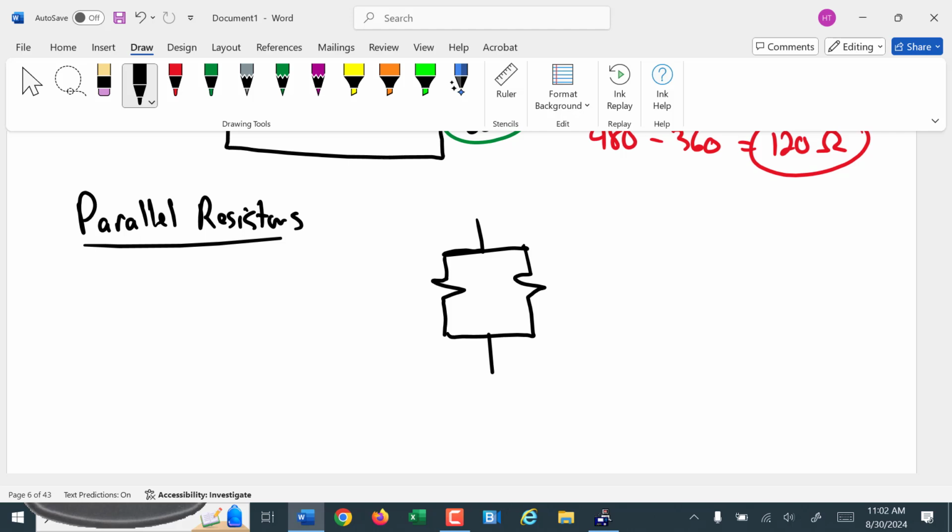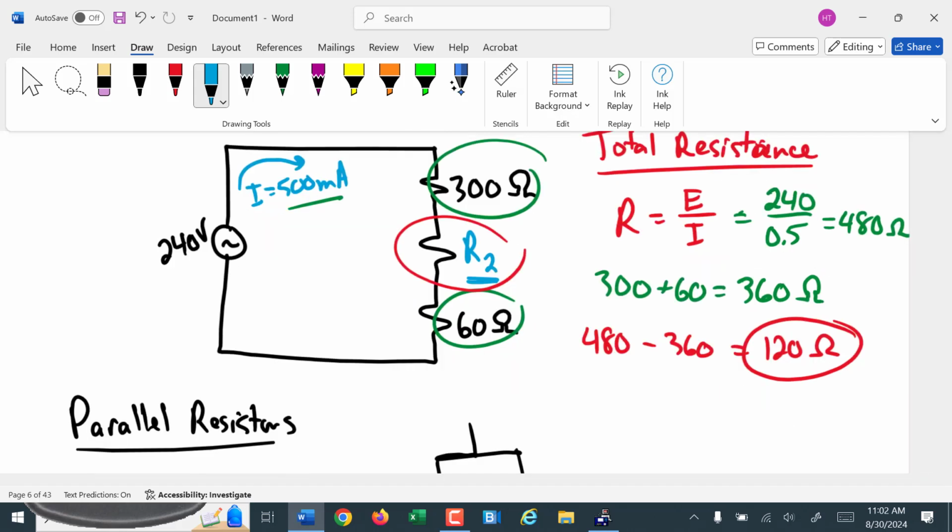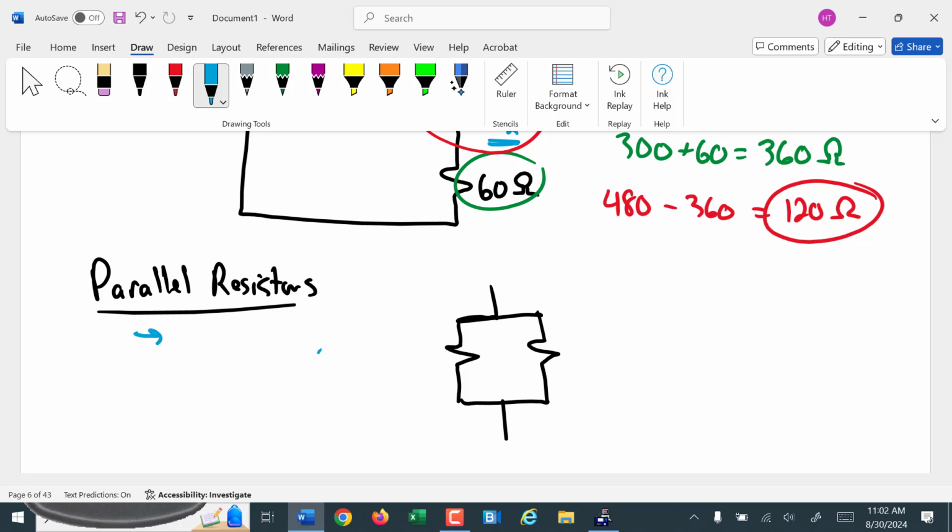Parallel resistors. There are some tricks I'll show you on the calculator that make parallel resistors a lot easier to calculate with. So parallel resistors are on different paths. It's a branch of the path.